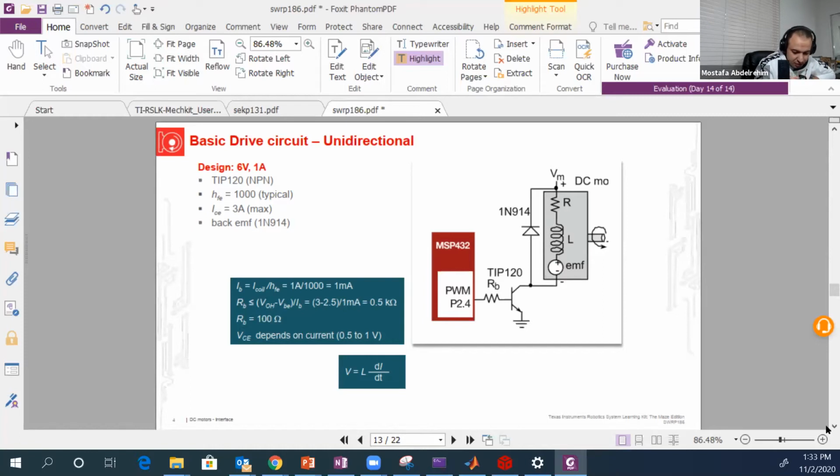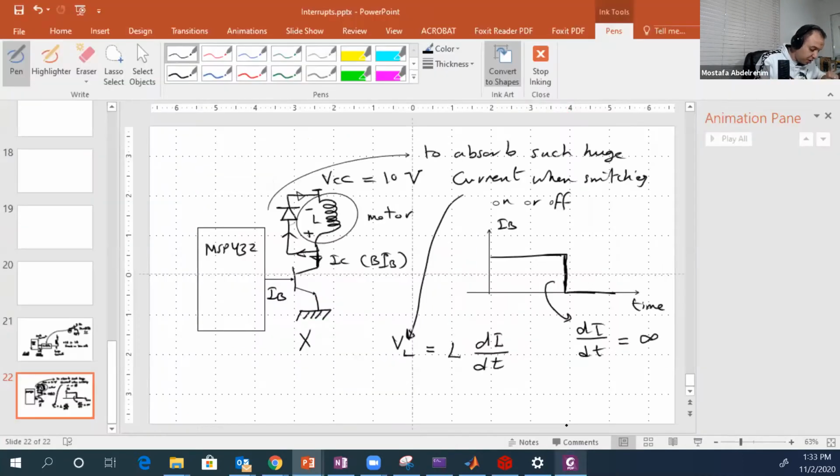Okay, there is a problem though, because this source here, VM, okay, you provide the source to feed the motor. So you want all the voltage to go to the motor. Okay, so if we go here, this VCC here, part of it will go to the motor between these two terminals, and another part will go to the transistor.